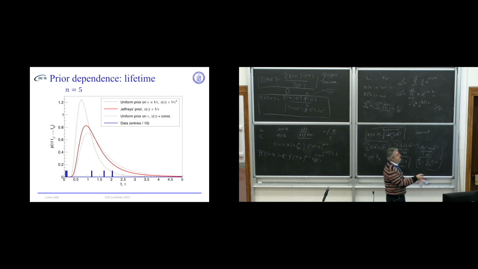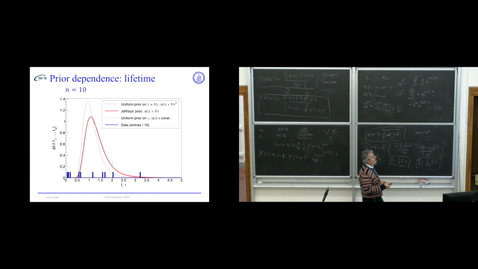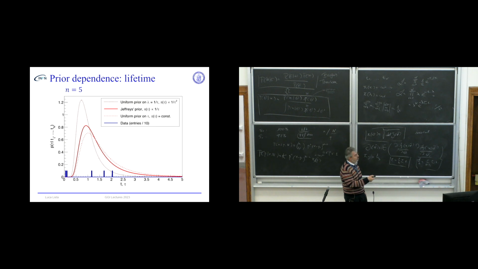So this is the uniform prior. This is Jeffreys prior, the one which is invariant, proportional to 1 over tau. And this is the uniform prior on lambda. This is for n equal 5. But if you go to n equal 10, clearly the difference in the peaks, which here differs by 1 unit and here by 2 units at the denominator, is less, because 10 minus 2 and 10 minus 1 are closer than 5 minus 2 and 5 minus 1.